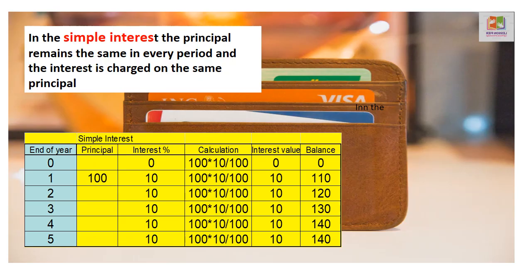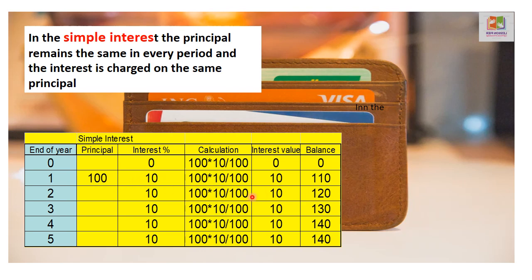Now, viewers, let's discuss simple interest. In simple interest, you see the table below. The principal amount remains the same and the interest is charged on the same principal every year. You see this is the interest percentage at the end of year 1. We are charging 10% and the value becomes 110. Similarly, we are charging another 10% on the same principal.